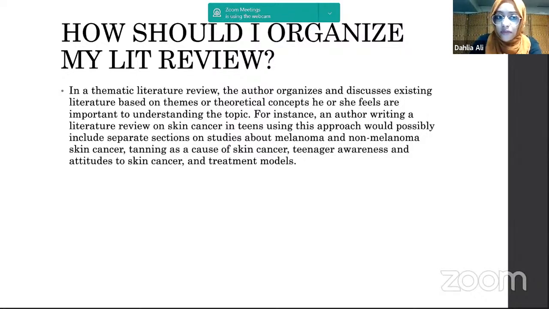For instance, an author writing a literature review on skin cancer in teens using this approach would possibly include separate sections on studies about melanoma and non-melanoma skin cancer, tanning as a cause of skin cancer, teenager awareness and attitudes to skin cancer, and treatment models. So we're just using a theme here and going down with it.